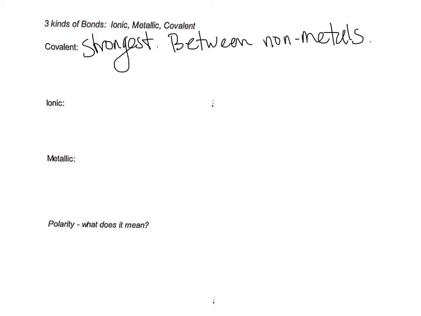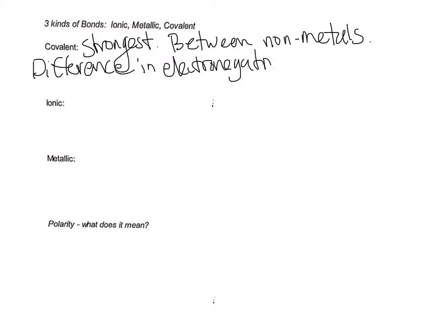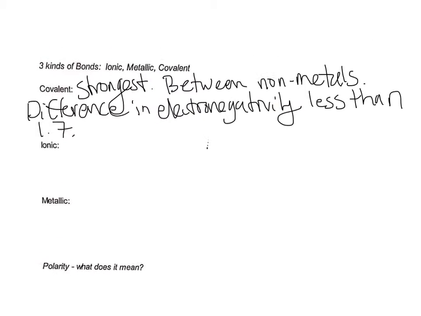We can be more specific and say that they're going to happen when the difference in electronegativity, and I'll talk about this more, is less than 1.7. Electronegativity is the pull of an atom on an electron.